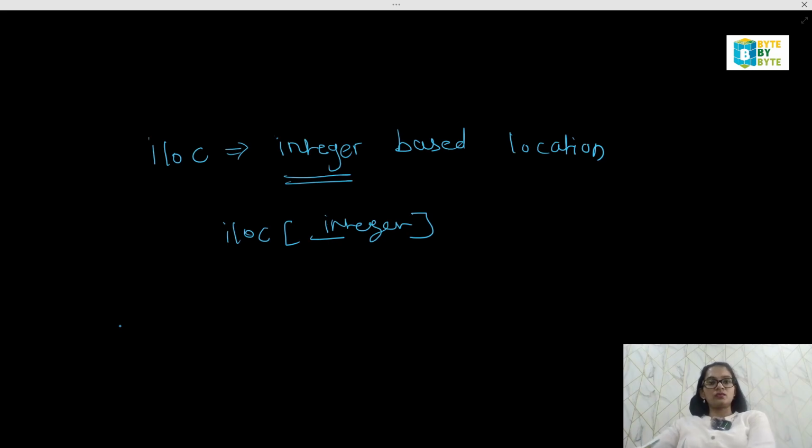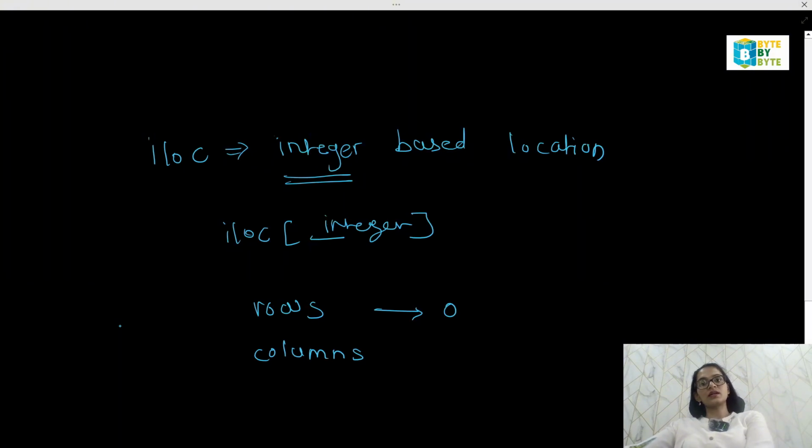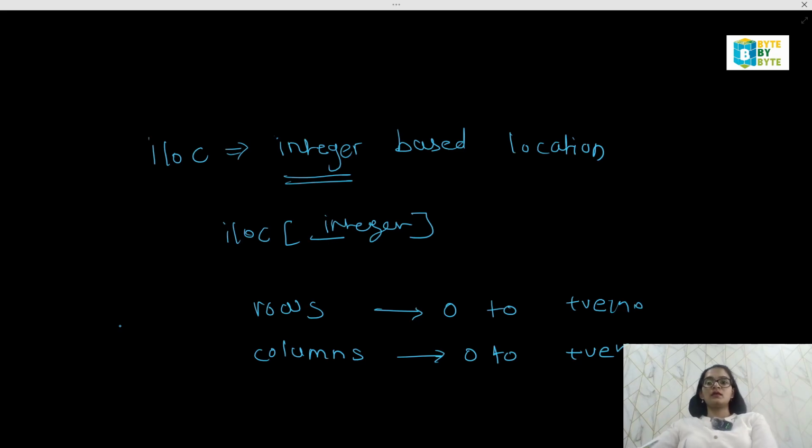Okay, so we have rows and columns. We have two dimensions, right? We have rows starting from 0 to some positive number, and we have columns also starting from 0 to some positive number. So your row index starts with 0 and column index starts with 0 as well.